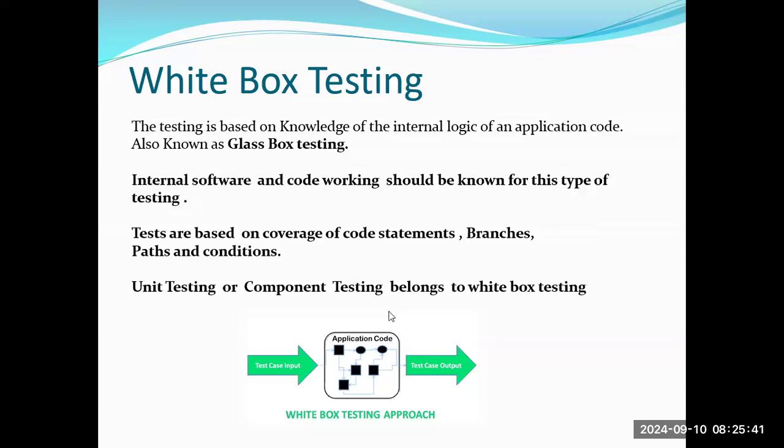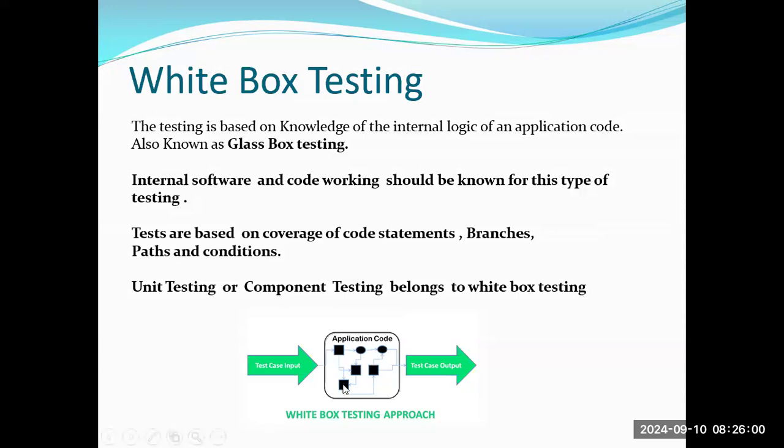It is also called glass box testing. Why do they call it white box testing? Because they can see the code. Just like when you write something on white paper, you are able to see it, the same way the developer is able to see the code.